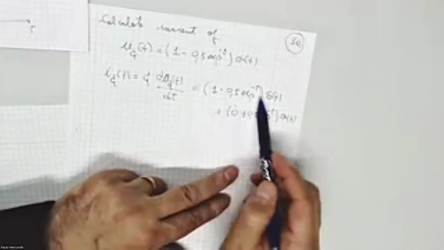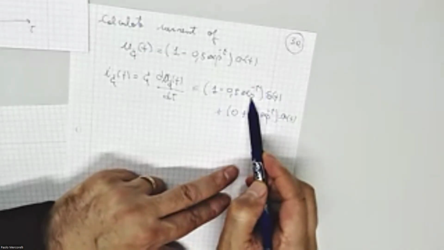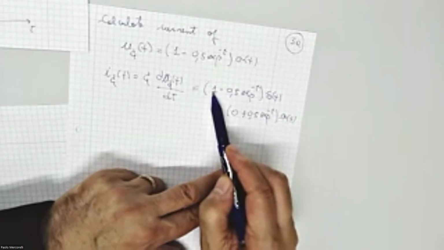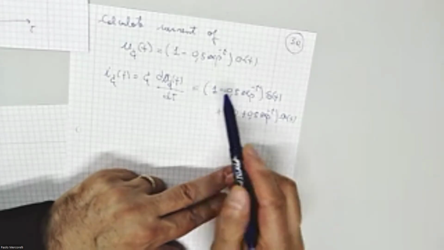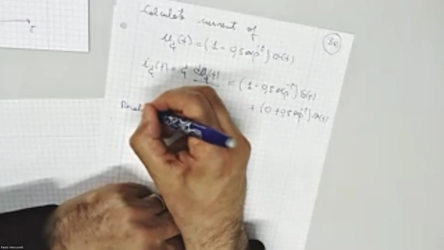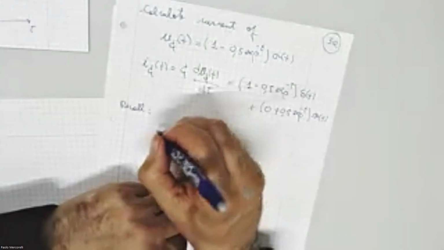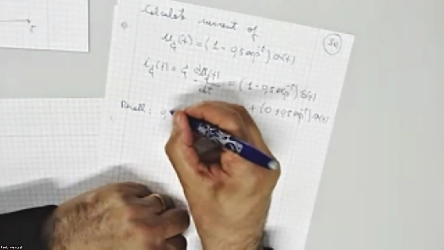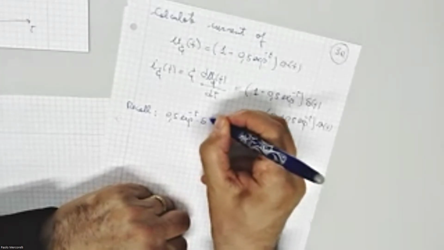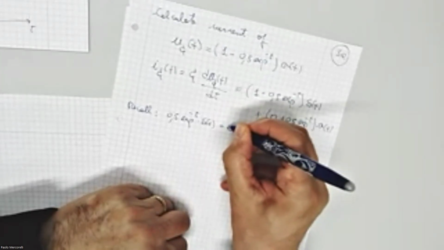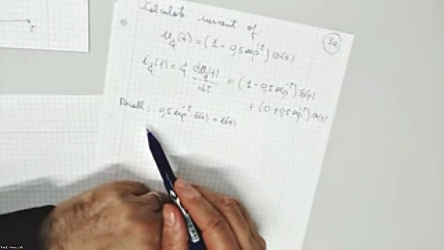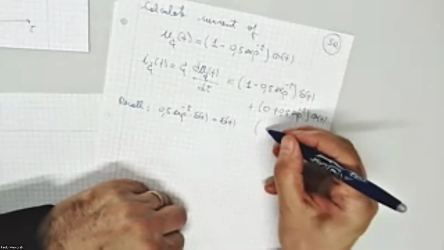Why is this 0? Because this function multiply delta is delta. Remember, I told you at the beginning of today, because of the definition of delta.